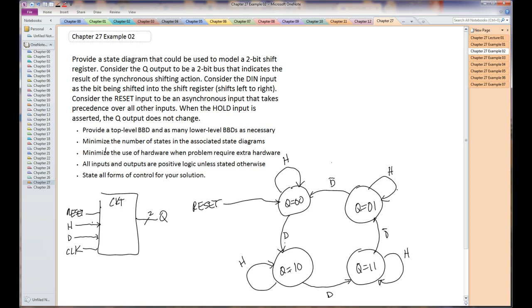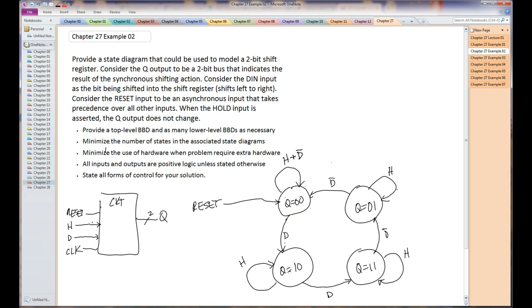So we'll go back and look at this again. This state only has 2 transitions leaving it, and what it's missing is the D bar transition. If I get a D bar, which is a 0, it stays in the state. So what we do here is put a D bar on that. The fact that it's H or D bar is actually 3 different conditions. The D down here is the 4th condition.